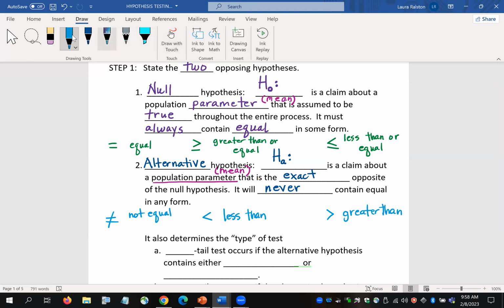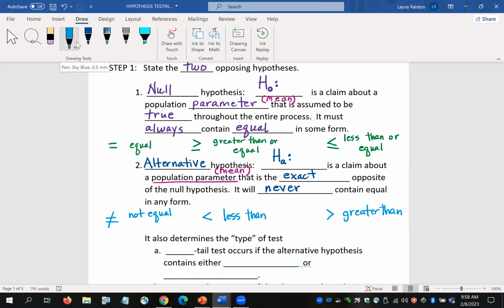I wrote it that way for a reason. Equal will always pair with not equal. Greater than or equal will always pair with less than. Less than or equal will always pair with greater than. So I kind of tried to line them up.